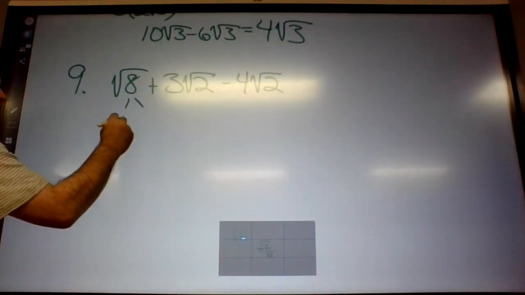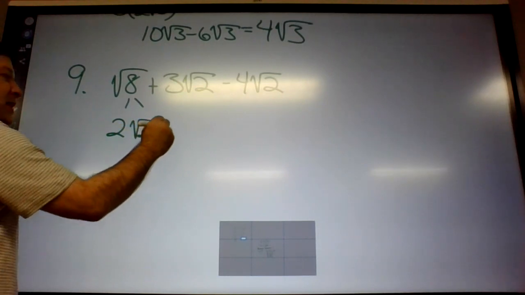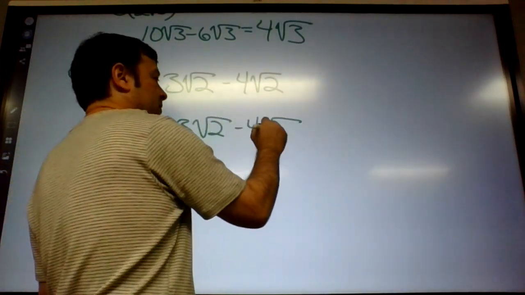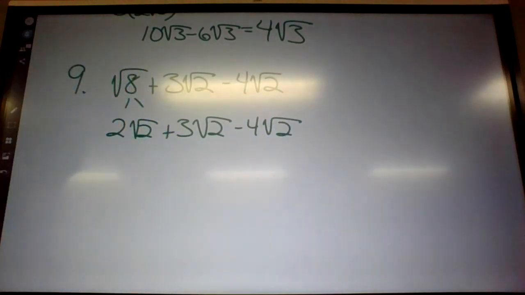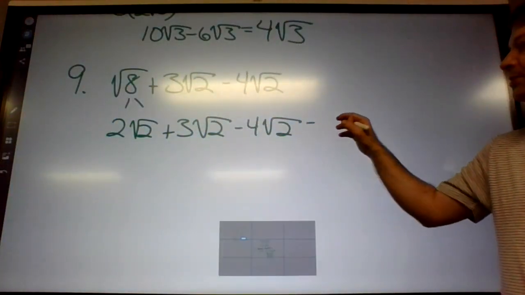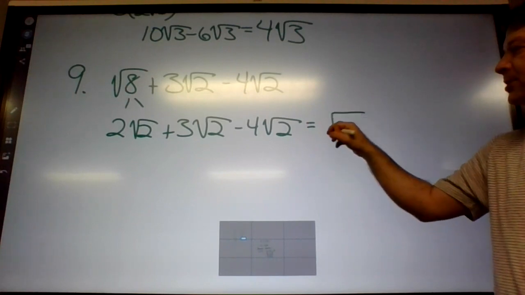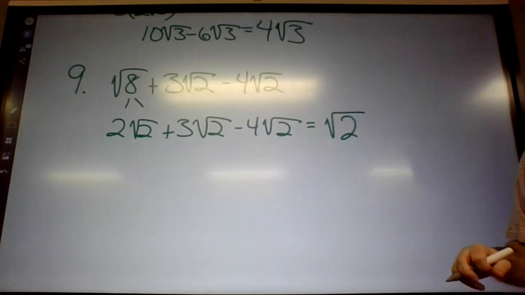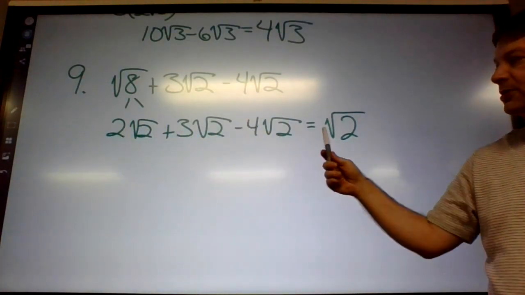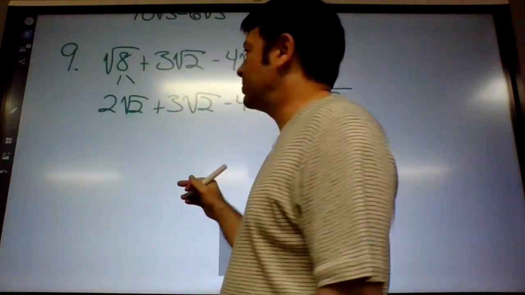So we got 2 square root of 2 plus 3 square root of 2 minus 4 square root of 2. And then you just add all these together. Yeah, it's 1 square root of 2, but you don't have to put a 1, so if you put the 1, it's not wrong. 2 plus 3 is 5, minus 4 is 1. 1 square root of 2, which is just a square root of 2.